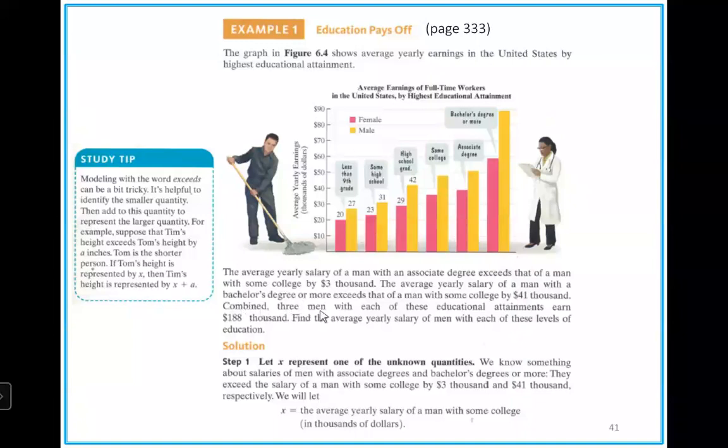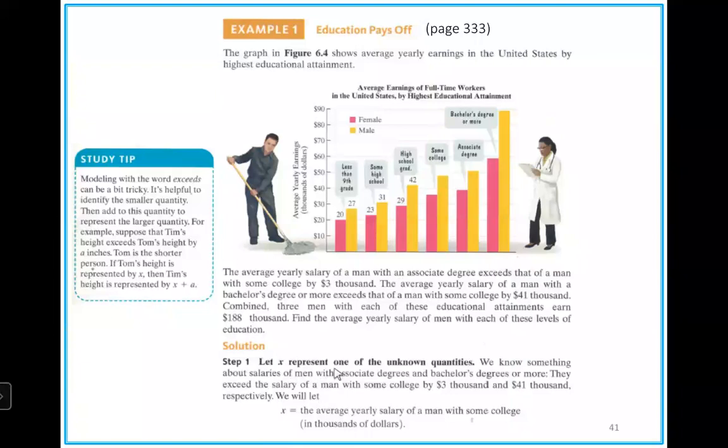Combined, 3 men with each of these educational attainments earn 188,000. Find the average yearly salary of men with each of these levels of education. So that's the problem they want you to solve.